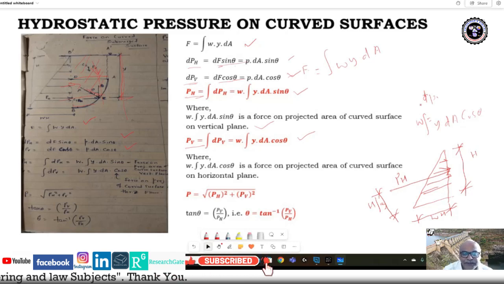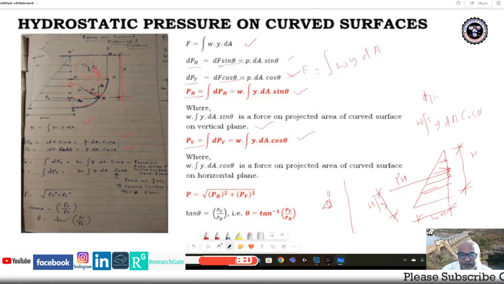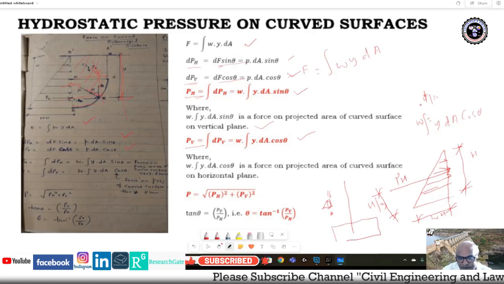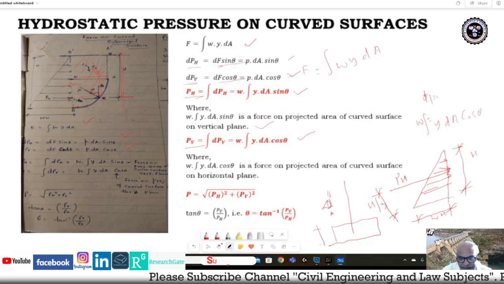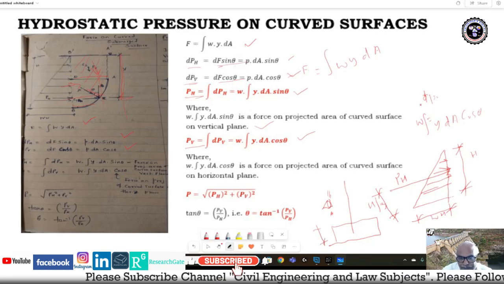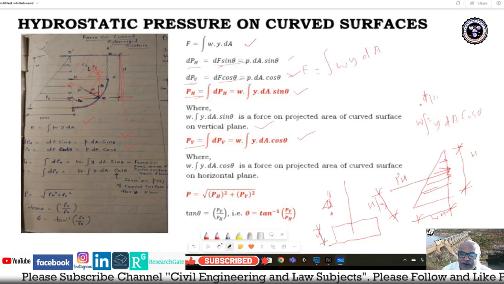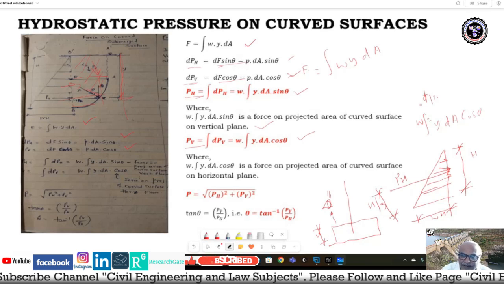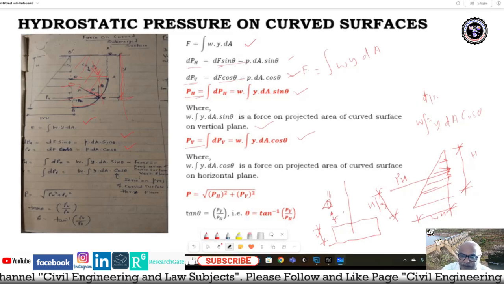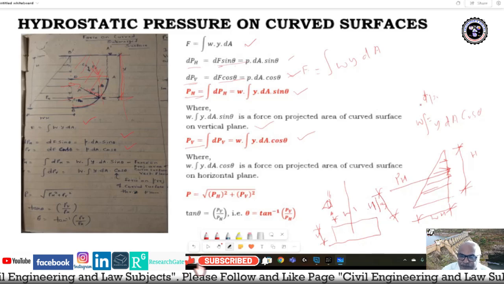Let us say this is the vertical height of the water surface, and when we see from this side, this appears to be a rectangular lamina. Let us say this is the height of the water surface, or height of the weir or dam, and this is the width of the dam.